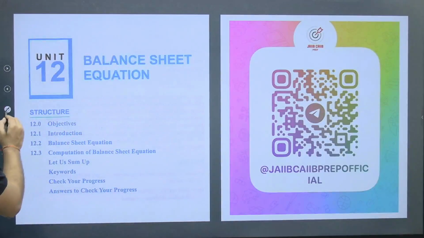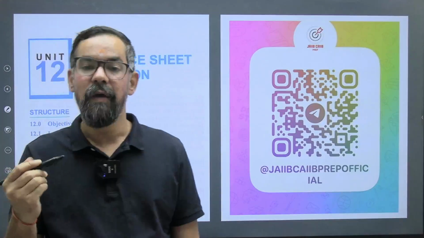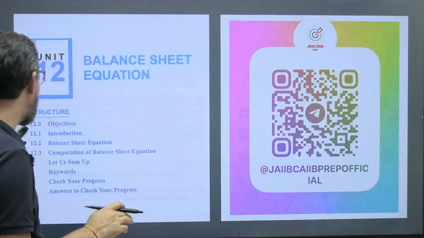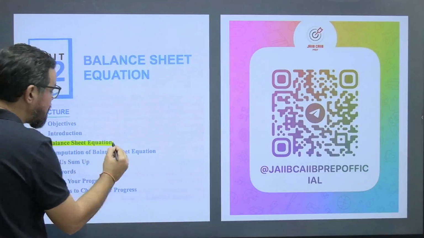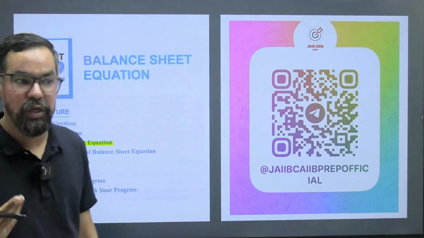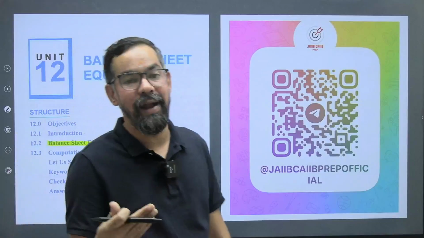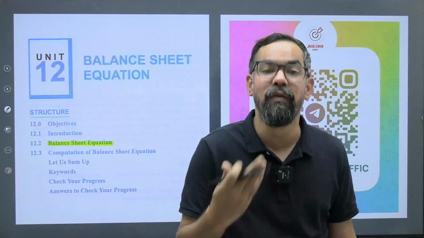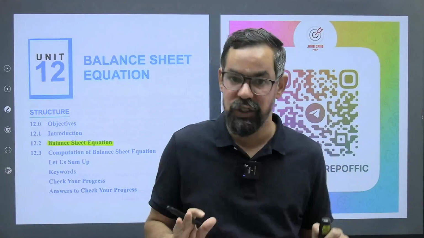So let's start the discussion with the very first unit, which is balance sheet equation. Your equation is assets equal to liabilities plus owner's equity. You have to build your understanding of why assets are always equal to liabilities plus owner's equity.